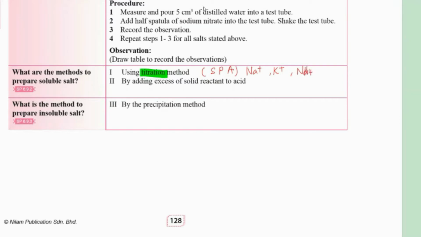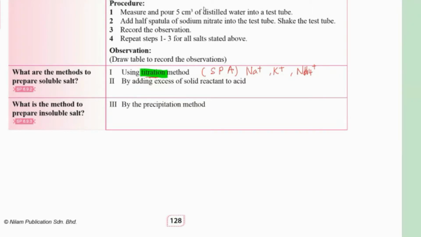Other than SPA, we use excess solid reactants added to acid. Later we will discuss in detail how to do method number 2, adding the solid reactants into the acid.